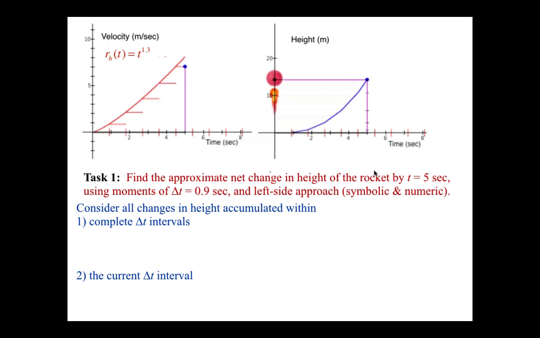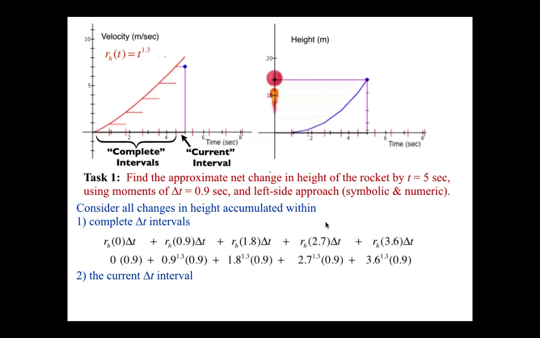So to compute this approximate net change in height, this is a numerical computation, but we could write it with function notation and symbols to express what we want. The exact rate at 0, 0.9, 1.8, 2.7, 3.6, each one times 0.9, which is delta t.